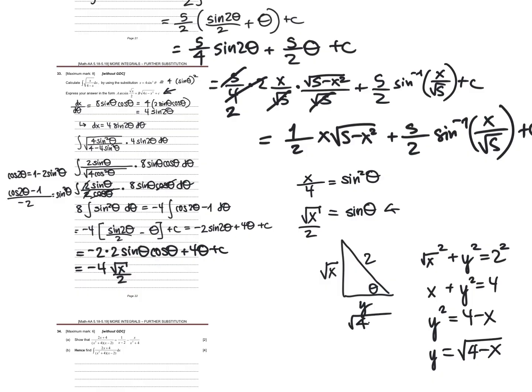So that cosine, so we've got negative 4, sine theta was root x over 2, and then cosine is root 4 minus x, so the adjacent over hypotenuse, which is 2, plus now 4 theta. So if sine theta is root x over 2, then sine inverse of root x over 2 is theta. So we have sine inverse of root x over 2 plus c.